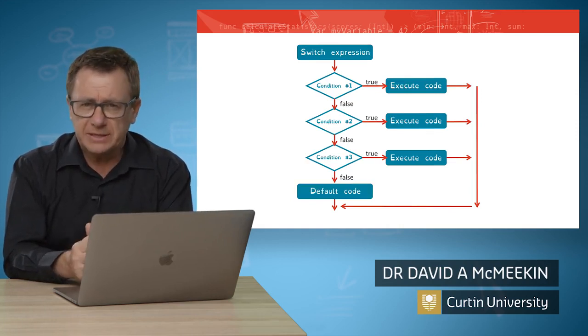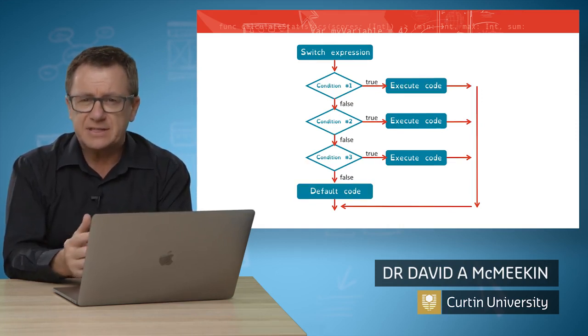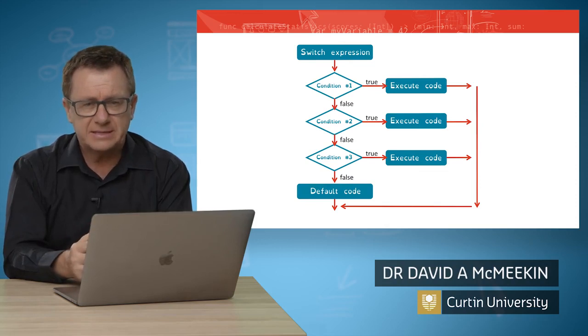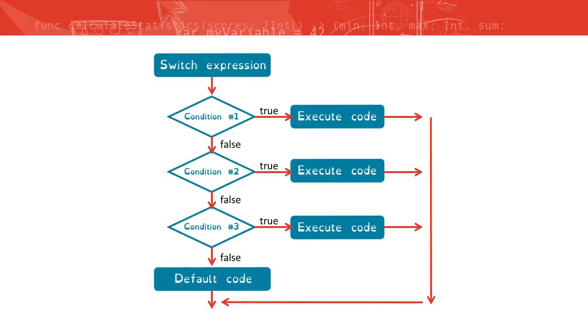The switch statement gives us this possibility of making decisions. We test the condition in our first case. If that condition is true, we execute that piece of code. If the condition isn't true, we test the second case. If it's true, execute the code associated with that case.